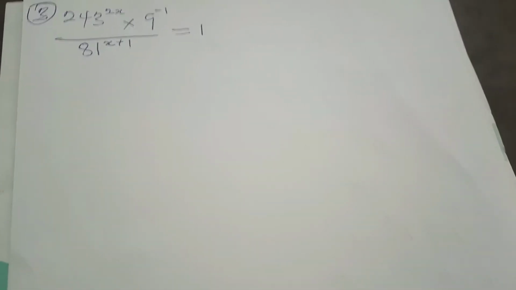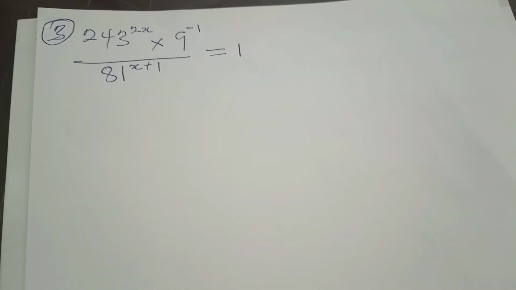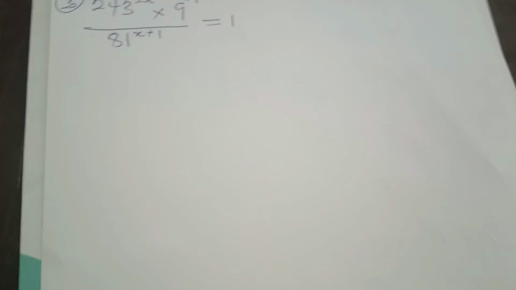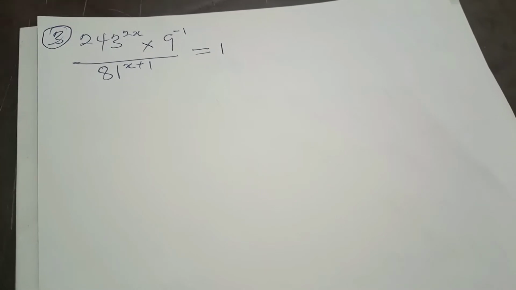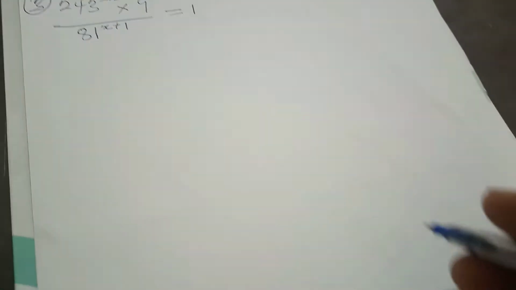So first of all, we need to find the common base. You need to find a common base for all of them again, so that this will be very easy for us. The common base here is 3, and 243 is 3 exponent 5.